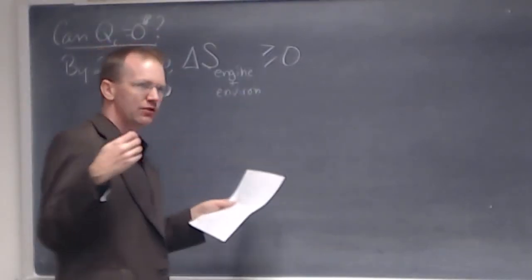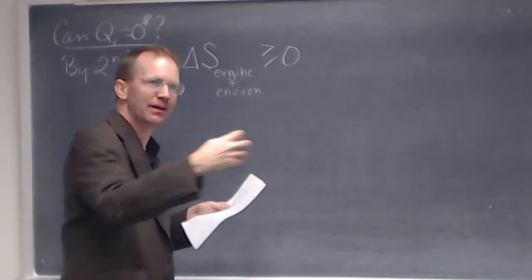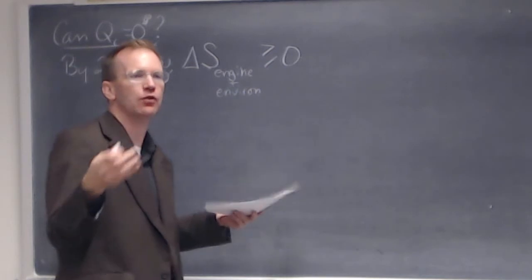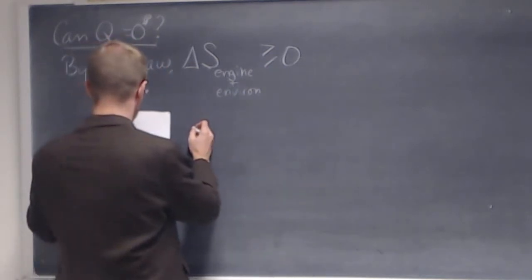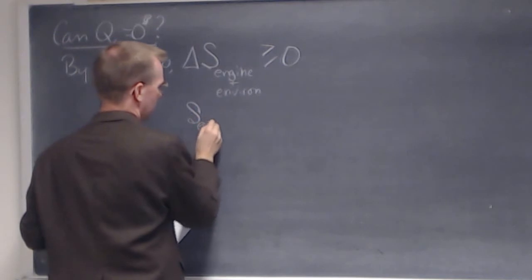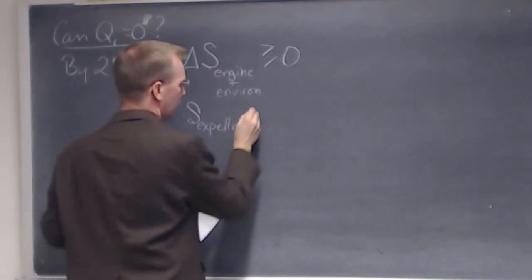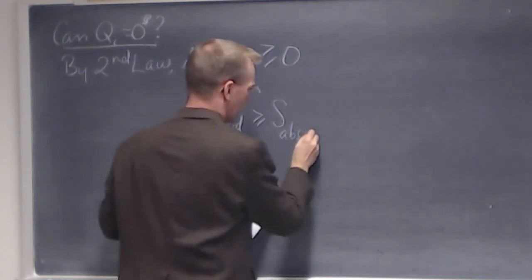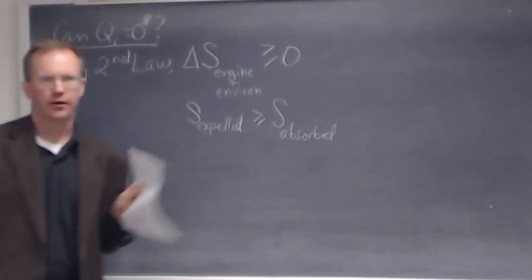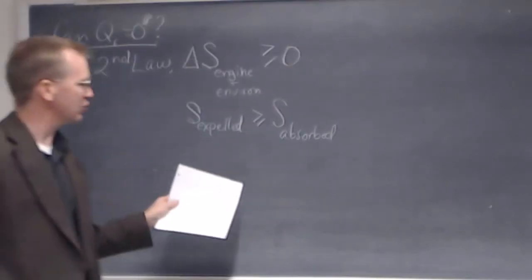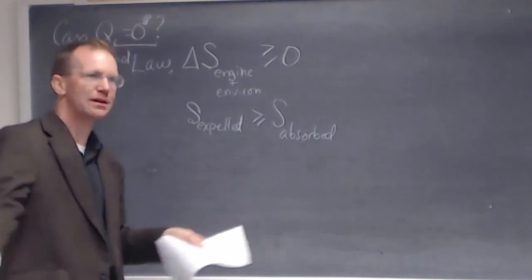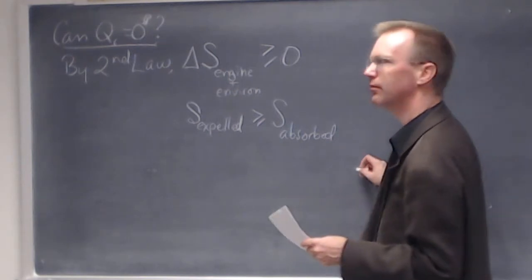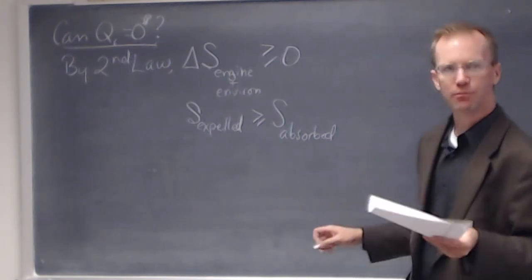Now, the entropy that is expelled from the engine can't be any less than the entropy that went into the engine. Otherwise, we would have gotten rid of some entropy of the whole universe. Therefore, the entropy expelled from the engine must be at least as much as the entropy that the engine absorbed. Okay, how can we put that in terms of the heat flow? Recall equation 3.48.